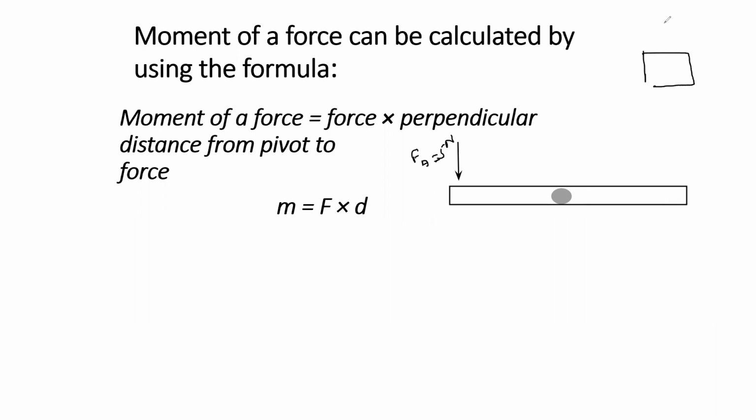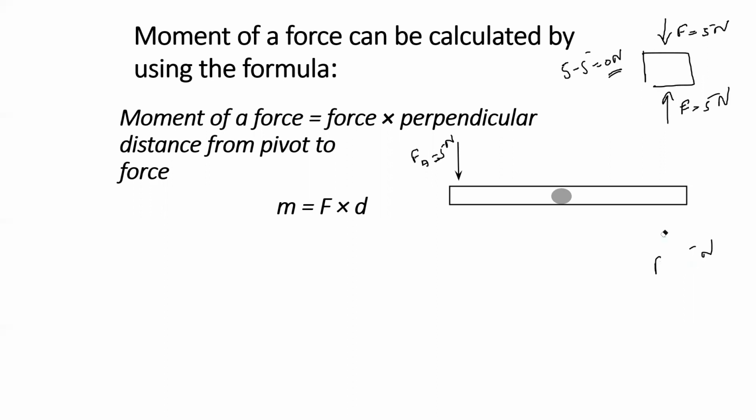Like if I say on the object, one of the forces is downward, 5 Newton, and the other force was acting upward. So what is the resultant force here? Because the two forces are in opposite direction, it will be simply 5 minus 5, that's equal to 0 Newton. Because force is a vector quantity, if they're acting in the same direction, we will add. If the forces are acting in the opposite direction, we will subtract.